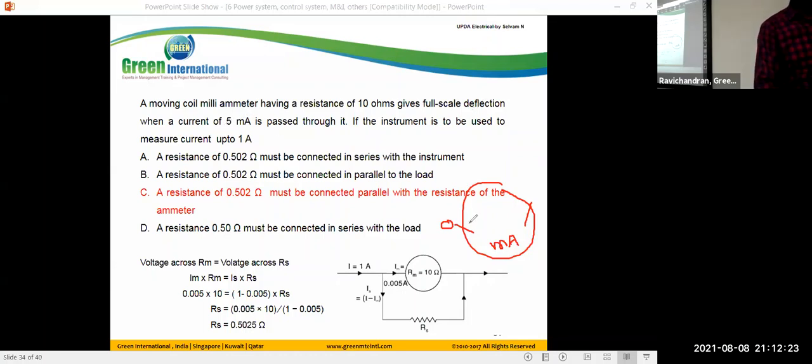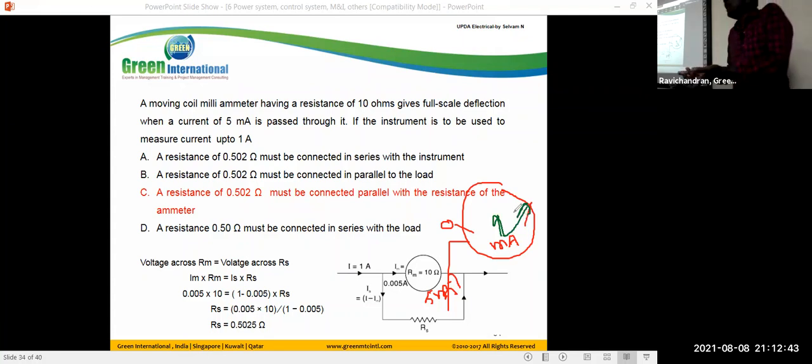That is, when the ammeter is connected to a 5 milliamp source, the needle shows the full scale. That means this ammeter is able to measure a maximum of 5 milliamps.